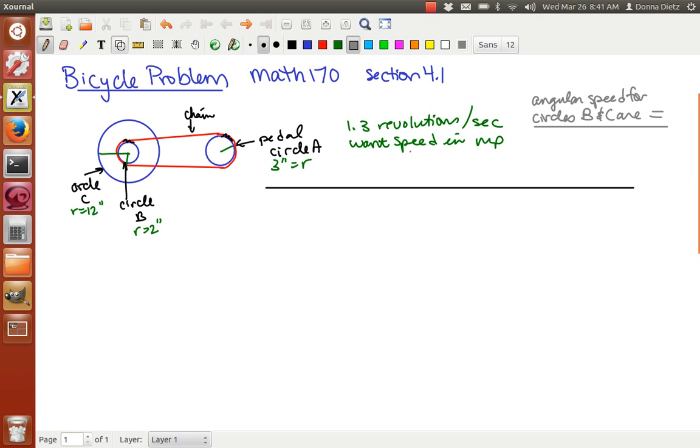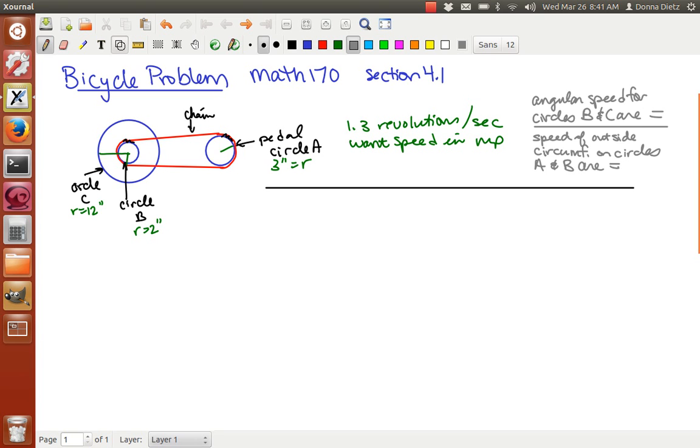And you have to know that the speed of outside circumference on circles A and B are equal.